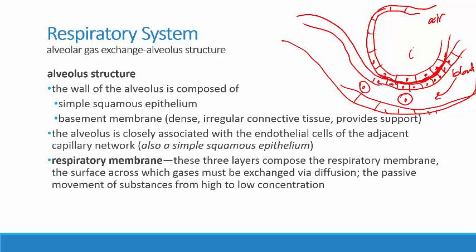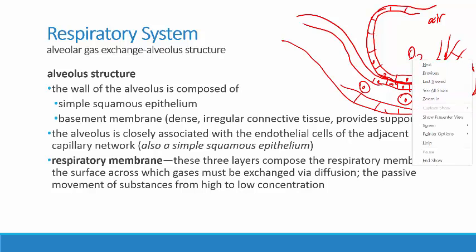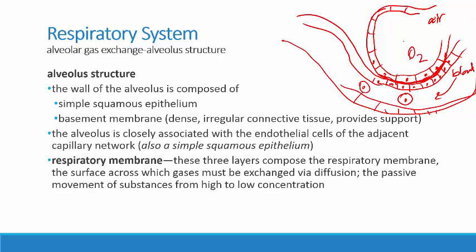So remember, O2 is lipid soluble, so that means it will diffuse from where it's at high concentration to where it is at low concentration. And so it'll move into the cytoplasm of the alveolar cells, across the basement membrane into the cytoplasm of the endothelium cells, and then on into the fluids, the plasma of the blood.